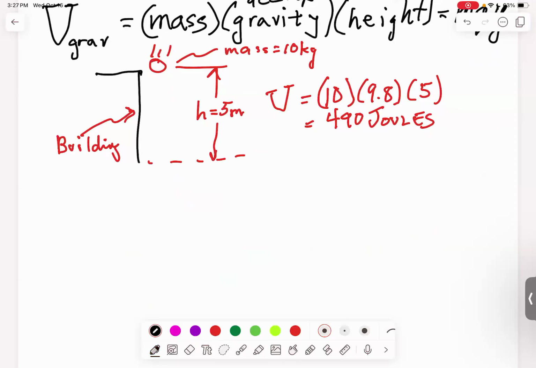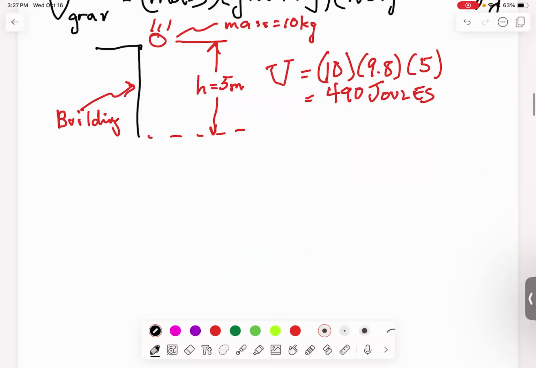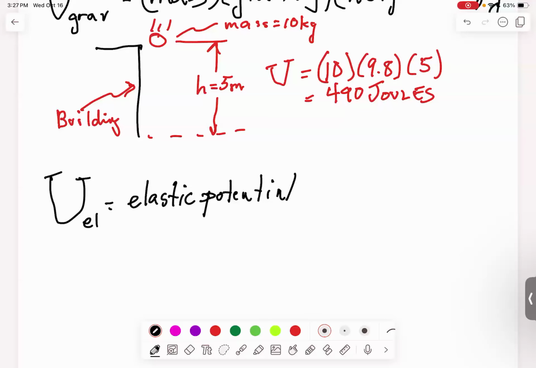And so the other type of potential energy that we're going to have is the potential energy of a spring. So this is called elastic potential energy.